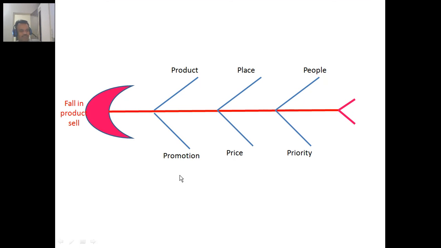Usually, we call it the P formula. Based on such causes, you can find out what the effect is and how to come to the solution. So this is, as I said, quite commonly used in the management field, and this is the popular theory of P, that is product, place, promotion, price, people, priority, and so on and so forth.